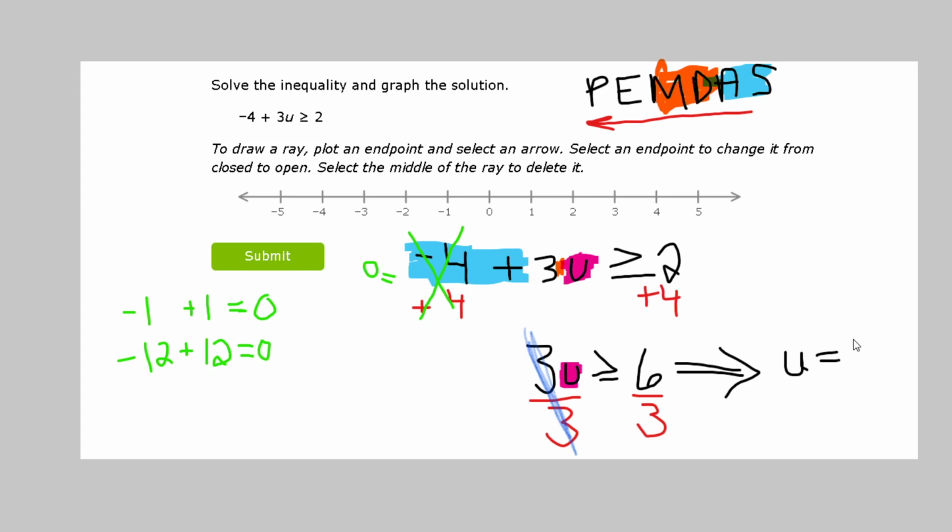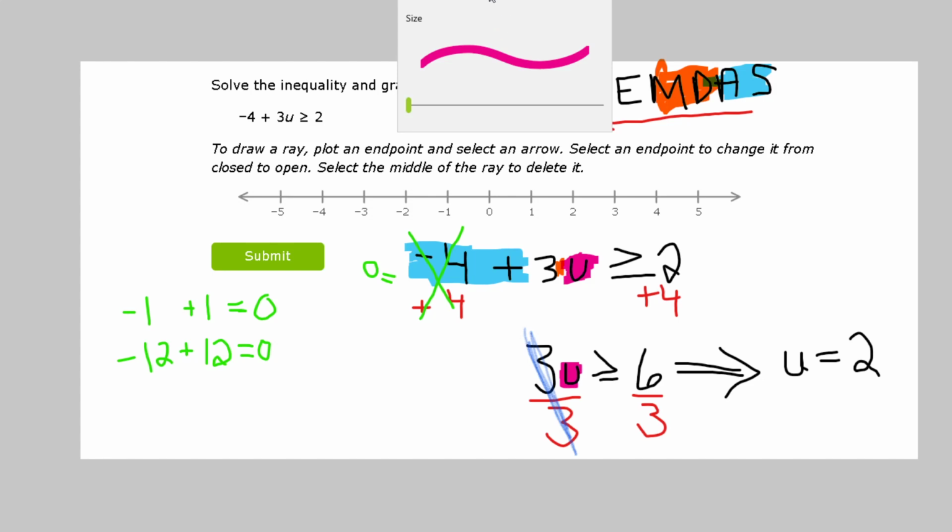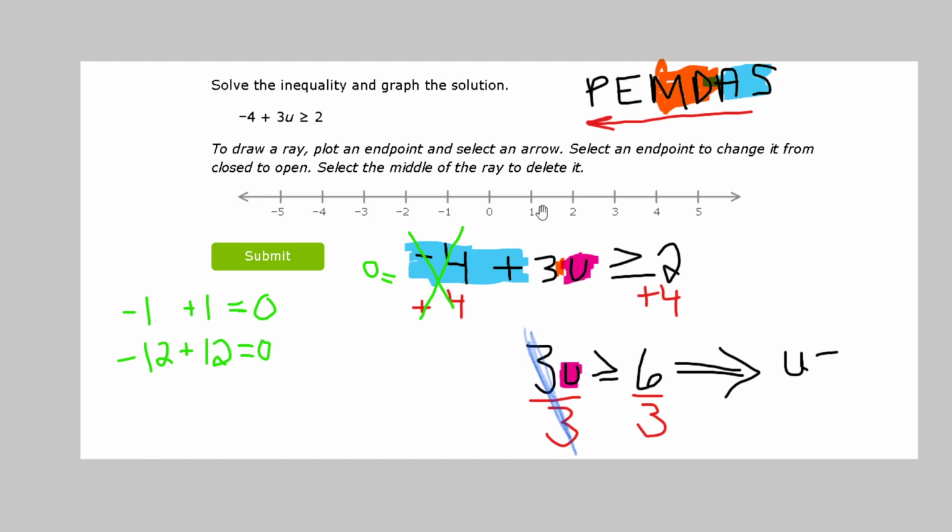That's what this is. We're going to see a couple differences, but it's very, very similar. So in the end, we get u is not actually equal, it's greater than or equal to 2. So we got our variable all by itself.